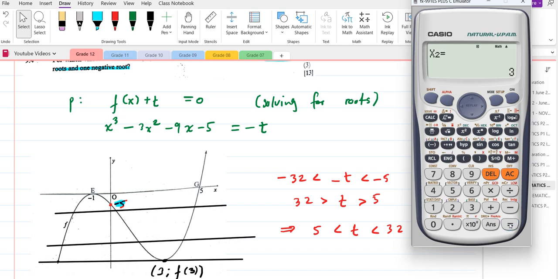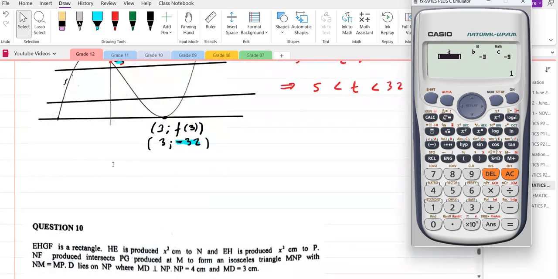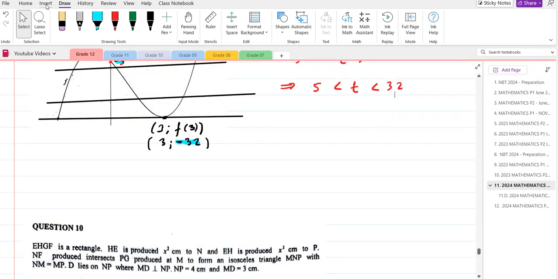So choose a value less than 32, let's choose 31. -5 plus 31 is 26. Let's change this value to 26. 1 negative, 2 positive. Perfect. So that is my answer, and I'm confident that my answer is correct.